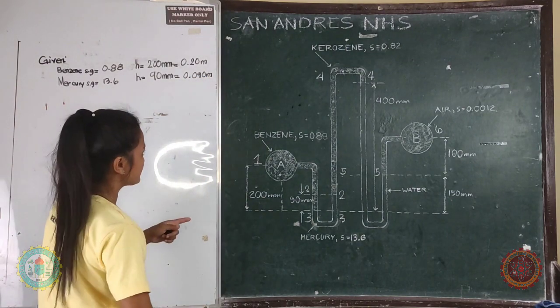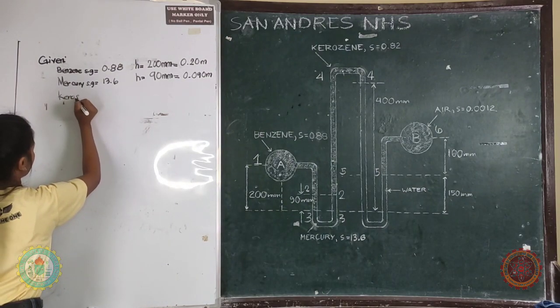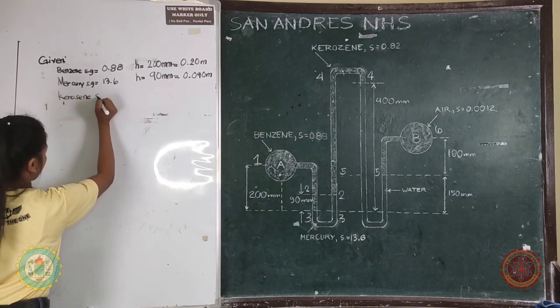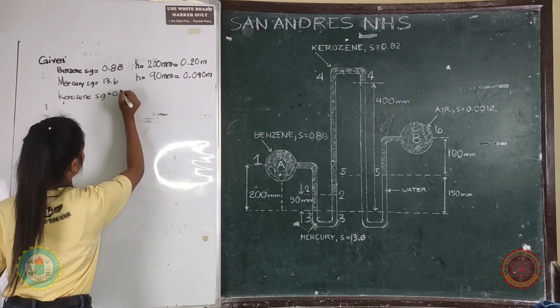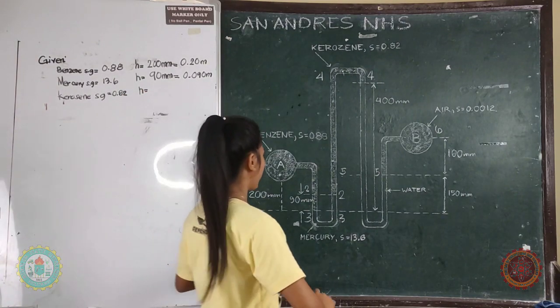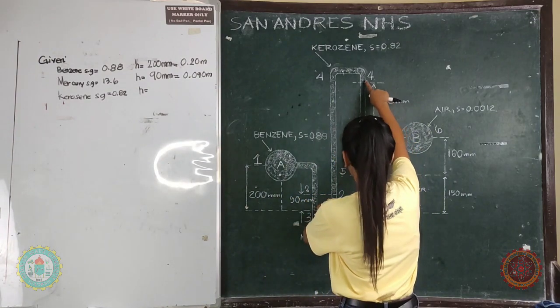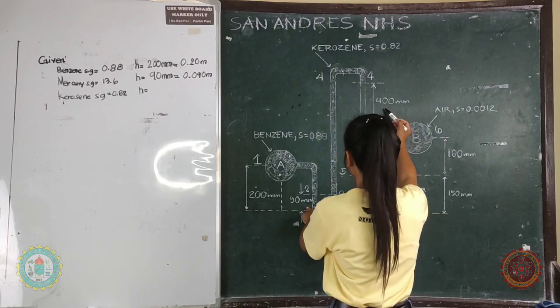Then next is kerosene, whose SG is 0.82. Its height is, since the kerosene goes from here to here, 400 minus 90.